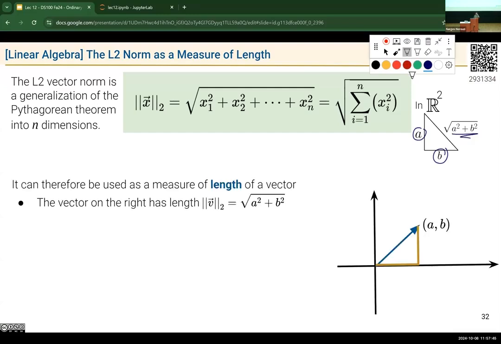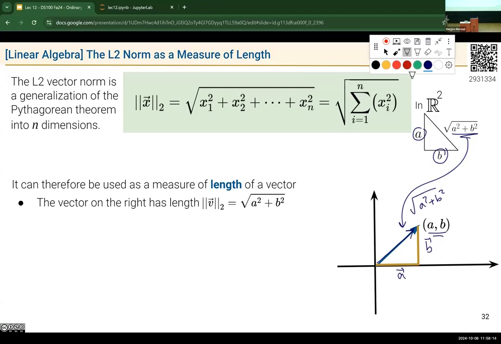We can generalize this notation and say that if you have a vector of A and B, which means that across the x dimension, you have A units of distance, across the y dimension, you have B units of distance, the length of this vector is exactly going to be the square root of A squared plus B squared. So this notion is going to help you measure the length of a vector.